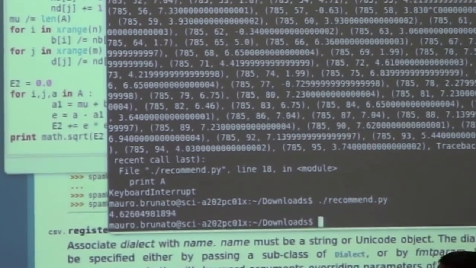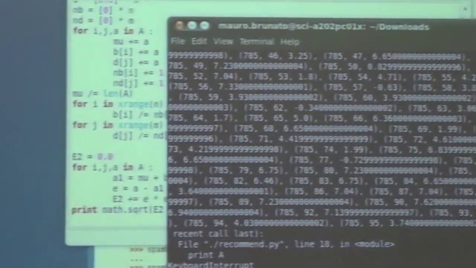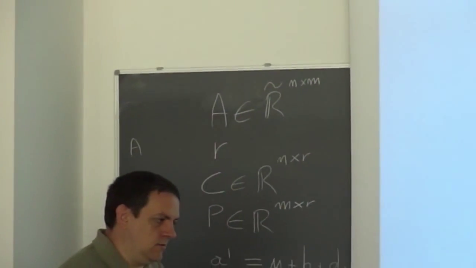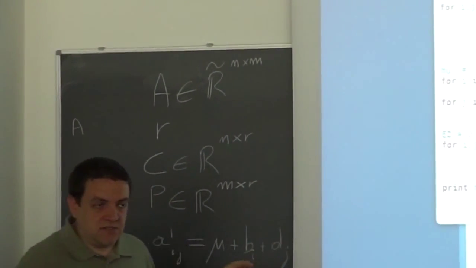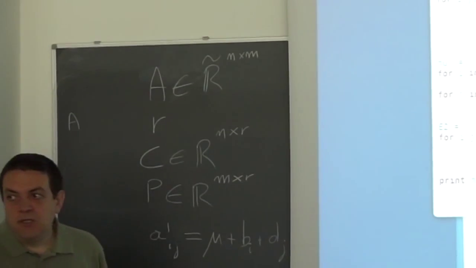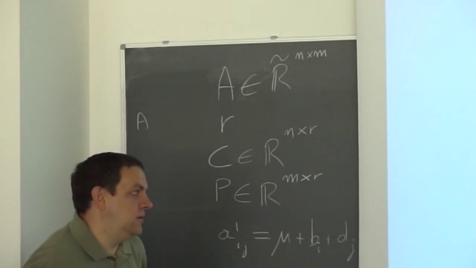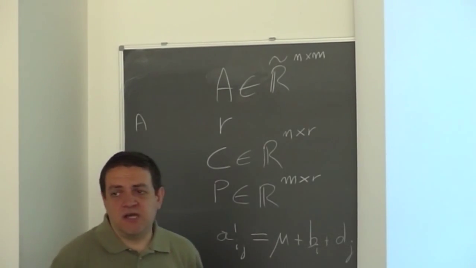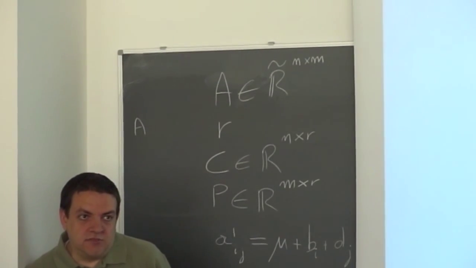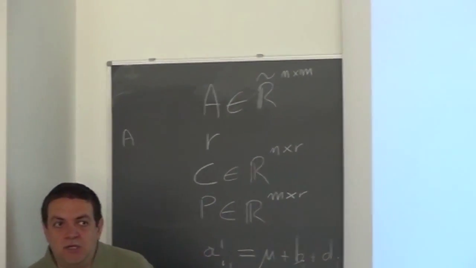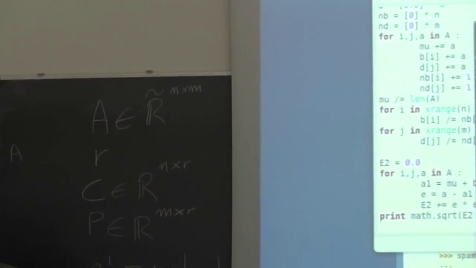4.62 is actually not really a good number, of course. It means that by estimating the vote of the user with this very simple model, we tend to miss the correct answer by an average of 5 points, which is a lot. Actually, the user evaluation is between -10 and 10.